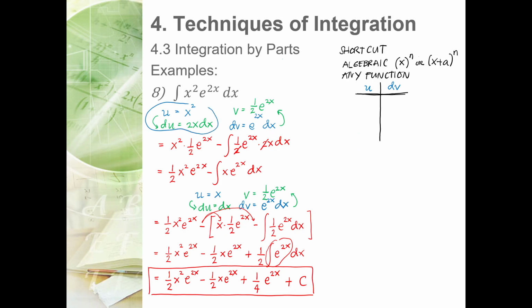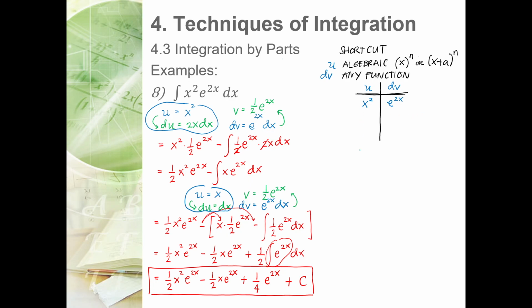So the u parameters are being derived, and then the dv parameters are being integrated. So in the shortcut, always place your algebraic term in the u parameter and the other functions as your dv. So in the example earlier, the algebraic term there is x squared, and then the other function is e raised to the power of 2x.